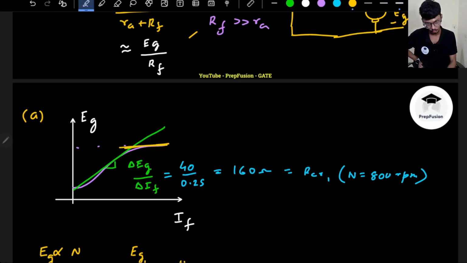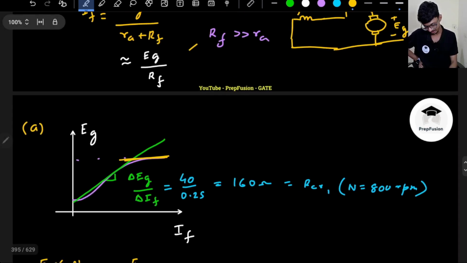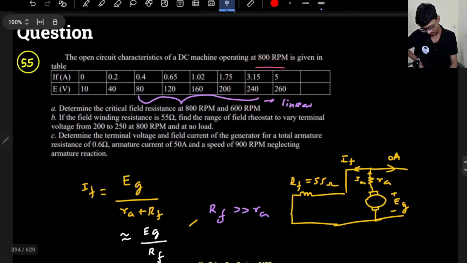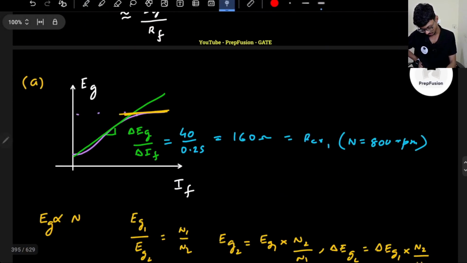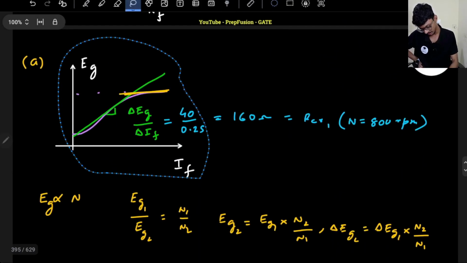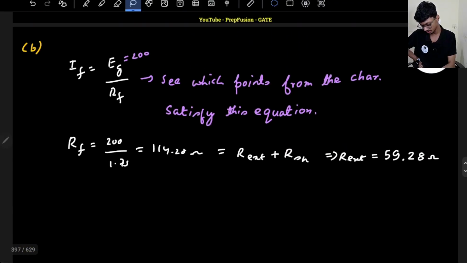So I will find the slope here, and from the point-slope format I will be able to find the voltage 250 volt. First of all, in this region, what will be the slope? If I copy this graph, what I want to do is extrapolate.